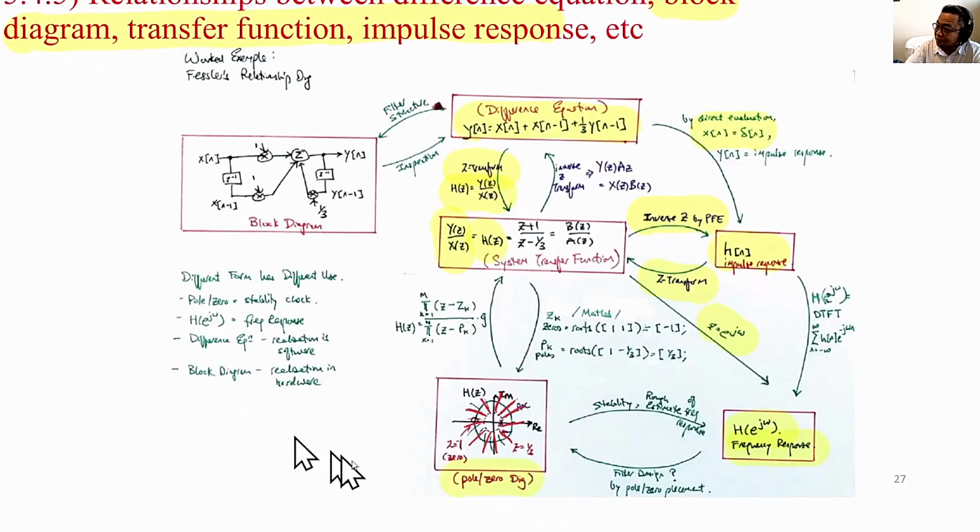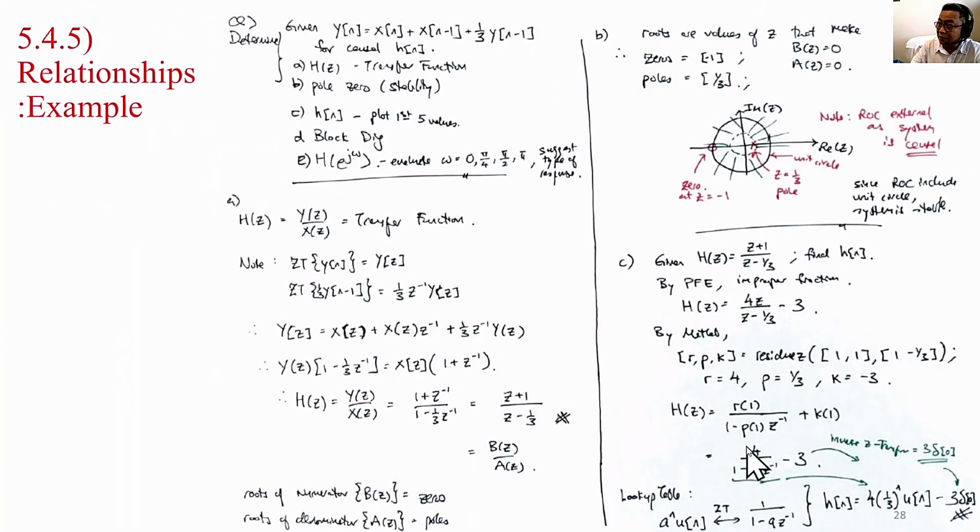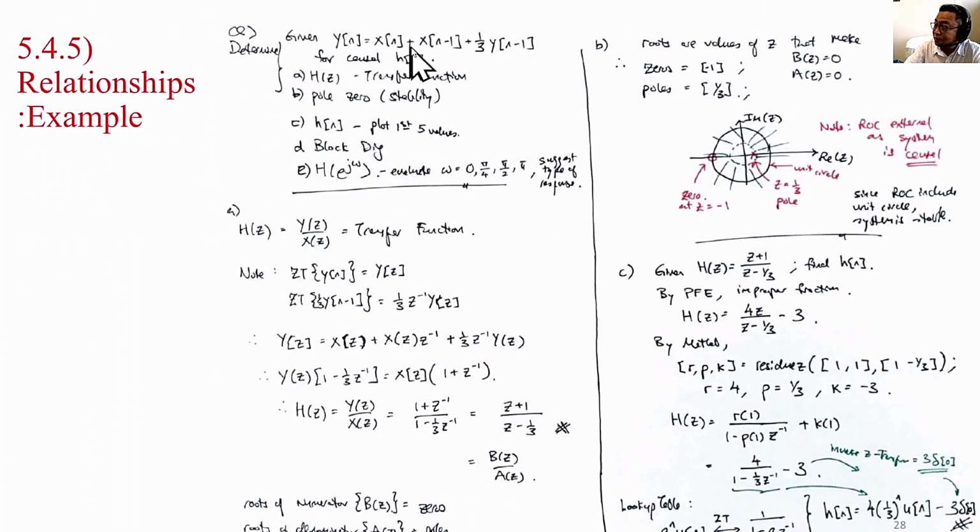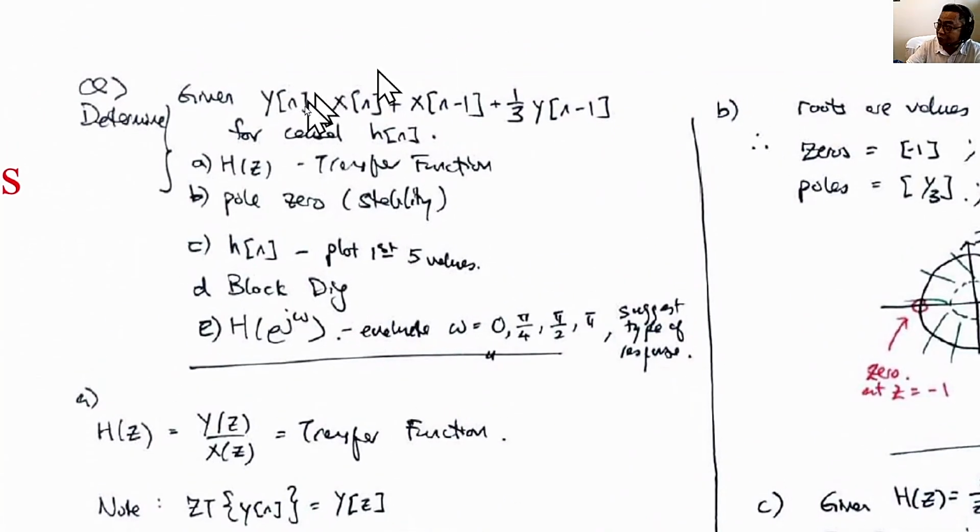With that, this diagram here shows the relationships between all that we have done except this part, which will be taken care of in the discrete time Fourier transform slides. The details of the workings are here, so I leave it to you to read all this. This is a very simple difference equation.